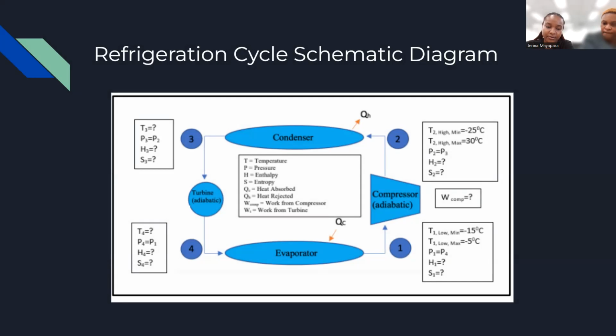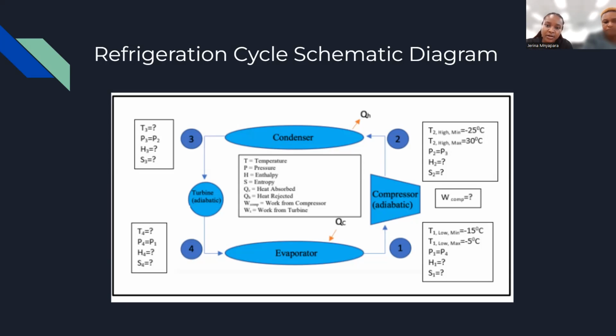Then we're heading to the condenser, where what's coming out is a saturated liquid, and we have a delta H of QH. Then we enter the turbine or expansion valve, where the purpose is to lower the temperature and pressure of the working fluid. What's coming out is a vapor-liquid mixture. So those are the states at each stage. The delta H equals 0 at the turbine or the expansion valve.